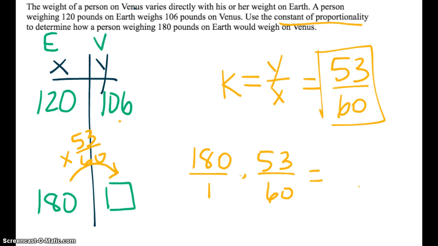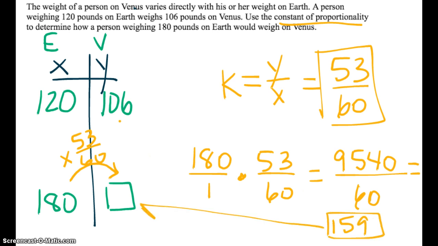Now, 180 times 53, I'm going to go ahead and tell you, is 9,540 divided by 1 times 60 is 60. And if we divided that out, we divided 9,540 by 60, we would get 159, which is exactly what we got before.